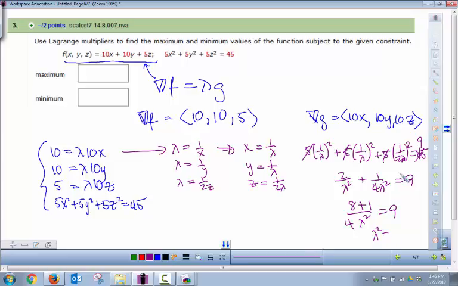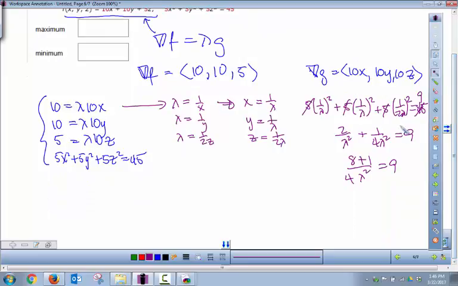What did we do? We multiply the 4 to one side, and then we still cancel the 9 and 9. Is equal to 4. So lambda squared is equal to 1/4. So lambda is equal to plus and minus 1/2.